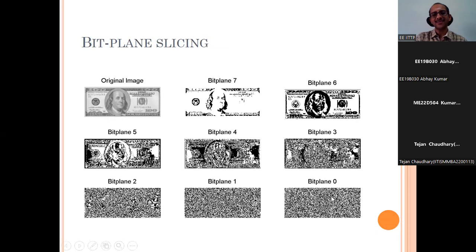What information does the least significant bit give? Such things can also be analyzed to make use of them for better transmission or other image operations. So essentially what people do is, because the most significant bits are important, they put together a couple of the most significant bits and transmit.